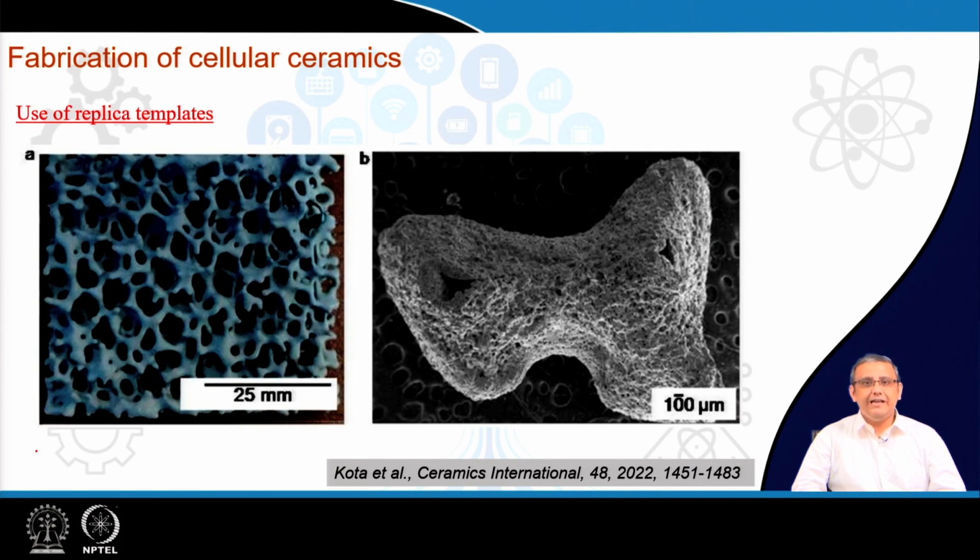If we look very clearly, we can see that in the middle of the strut there is a triangular hollow region. This triangular hollow region originates because this was the original polymer strut which was used as the sacrificial template, and the ceramic slurry was coated over the polymer struts.